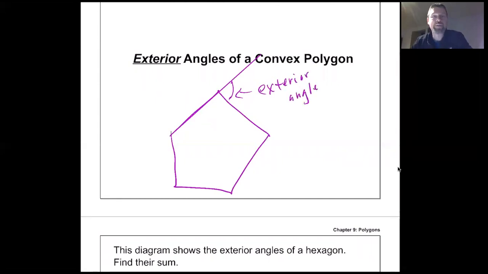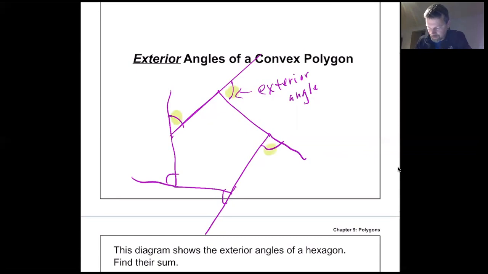Now, we should note when we talk about the sum of the exterior angles, we have to have a set of exterior angles. And when we have a set, they all have to rotate in the same order. So if I continued that same rotation, had an exterior angle there, and there, and there, and there, those would be all of the exterior angles in one set.